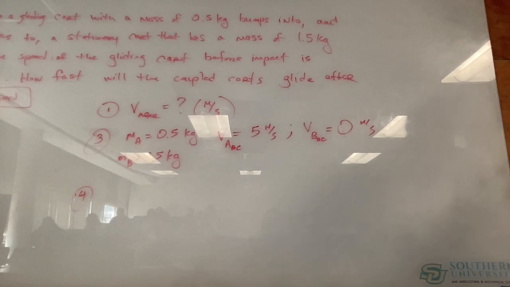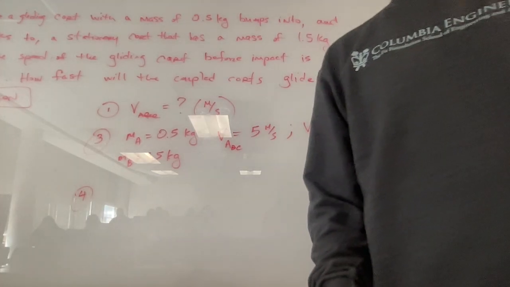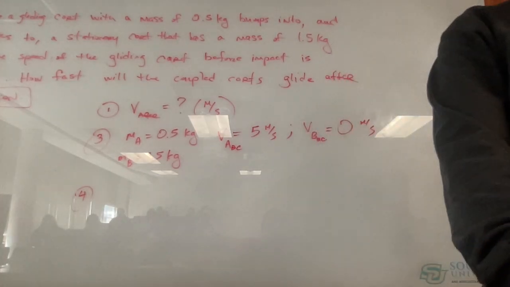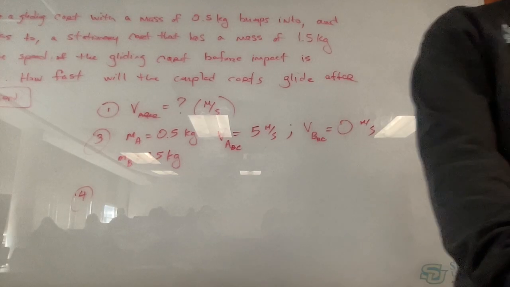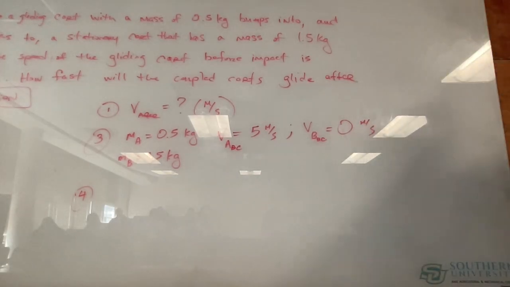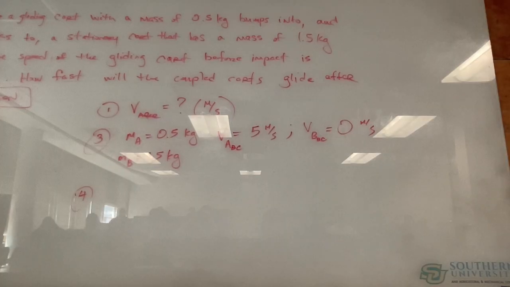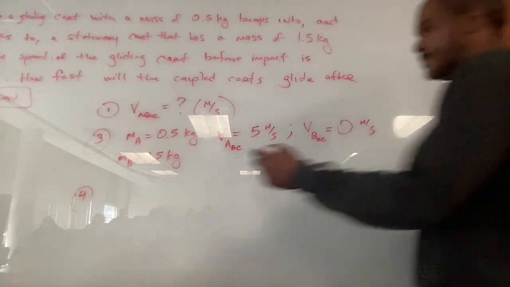Normally when we're talking about before and after, we're talking about conservation. Before and after an event. We're talking about how much did I have before, and then how much do I have after the event. So what we're talking about here is conservation of momentum.